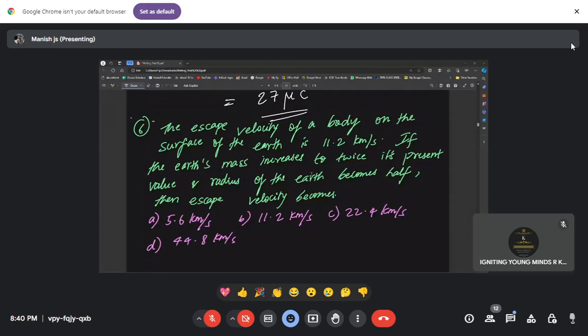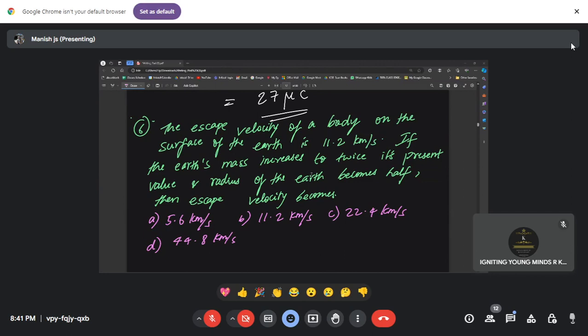They say that the radius is becoming half, but the mass of the earth becomes twice what it was before. So subject to these conditions, they are asking what is the new escape velocity. The value of the new escape velocity needs to be calculated. So what would be the value of the new escape velocity in this case?